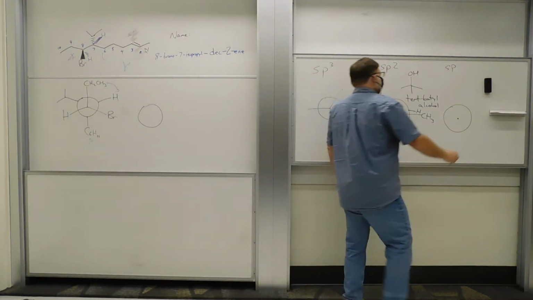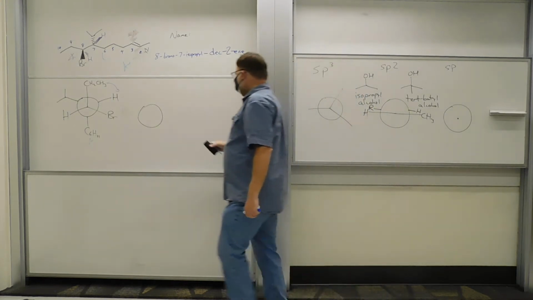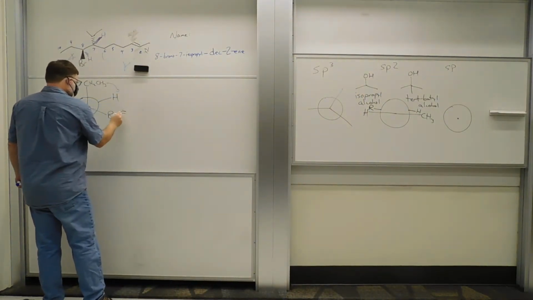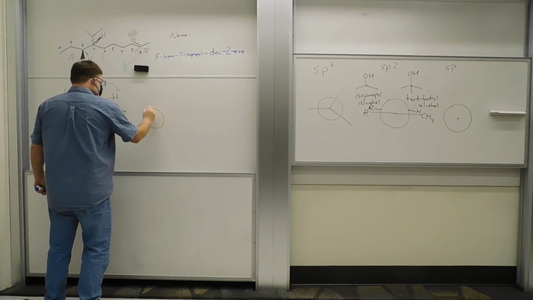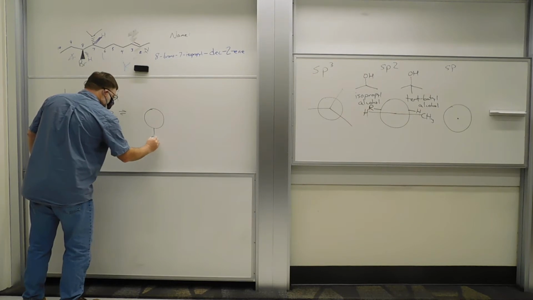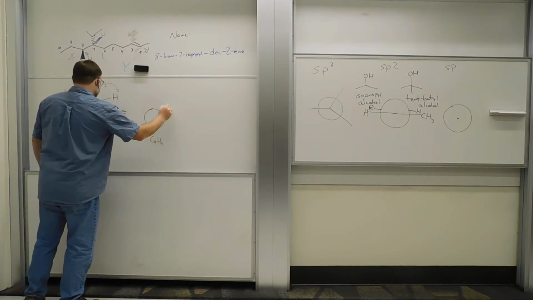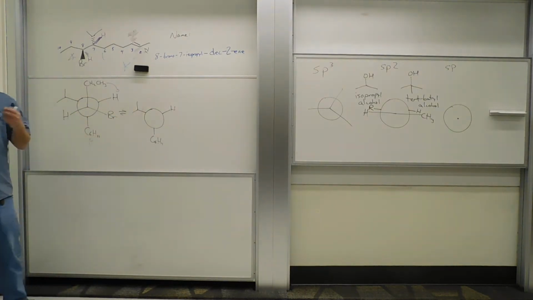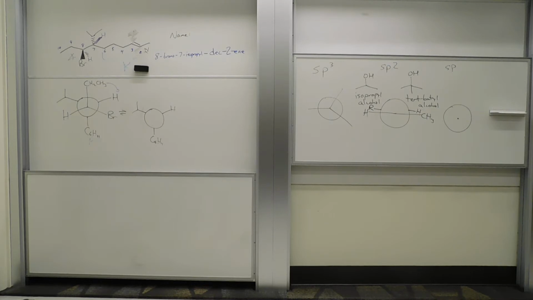All right, I said I was going to leave the back carbon alone. Make sure you do that. If you start rotating both of them, there's nothing wrong with rotating both of them. It's just one more thing you've got to keep track of, and it's pretty easy to screw that up.